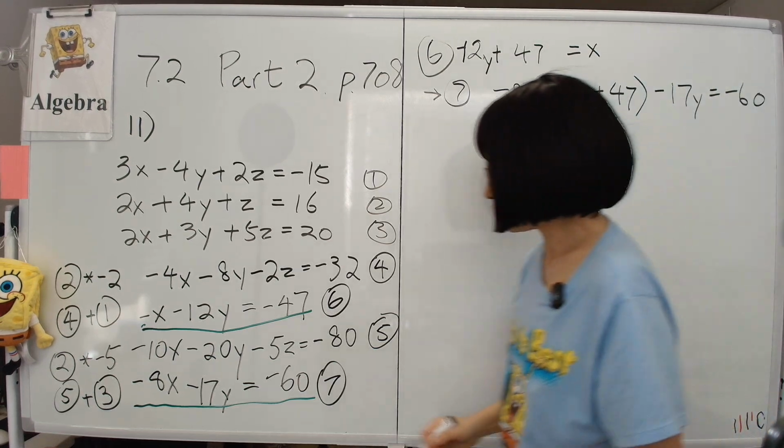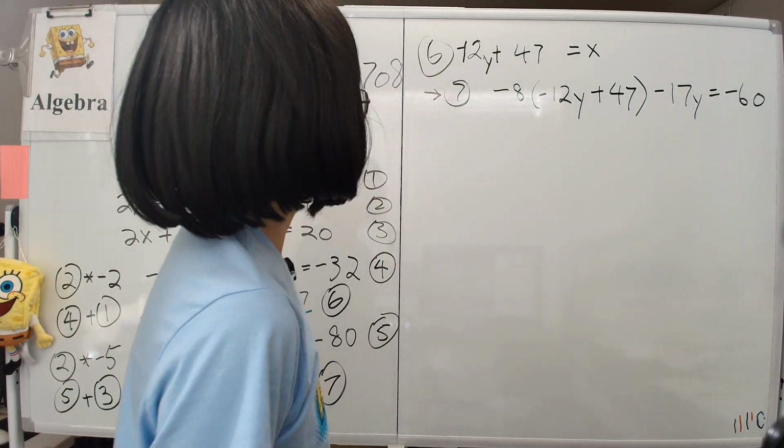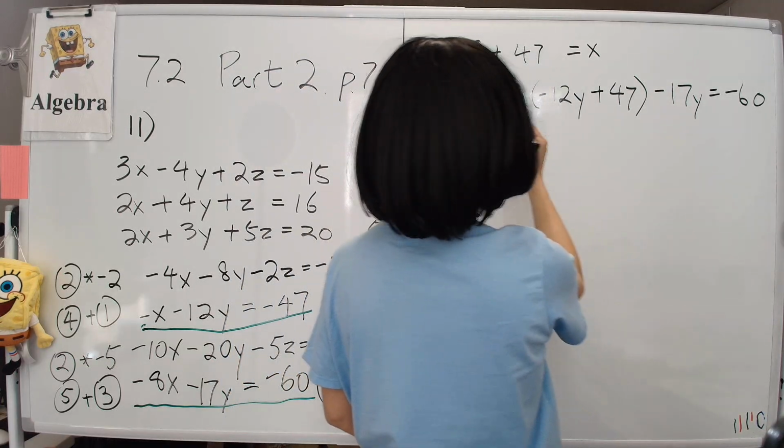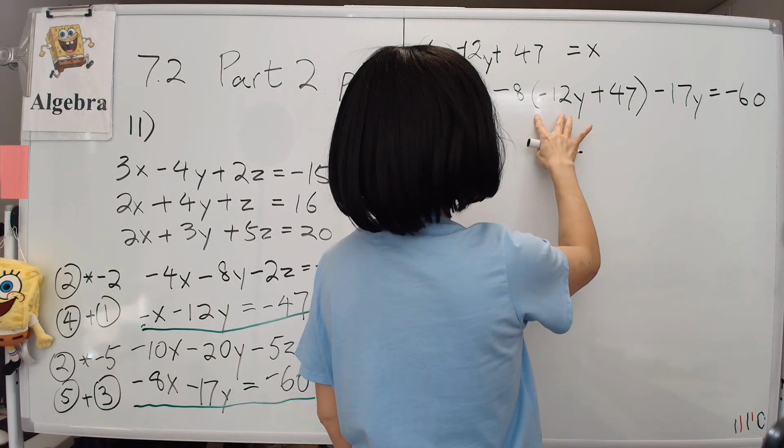All right, so that's the equation, which means that if we round up the y's, this becomes positive.